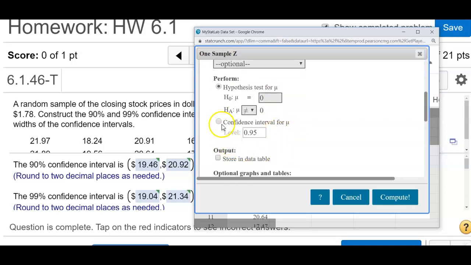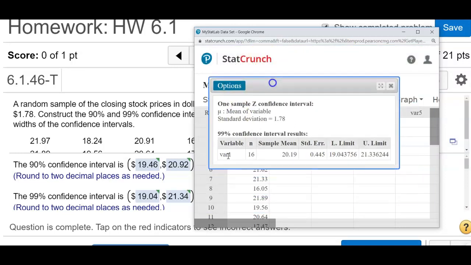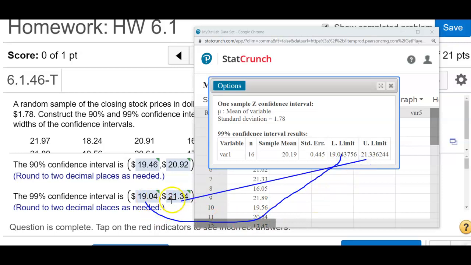Scroll all the way down. Check confidence interval. I want to be 99% confident this time. And then compute. And here you are, 19.04 and 21.34. Hope this helps.